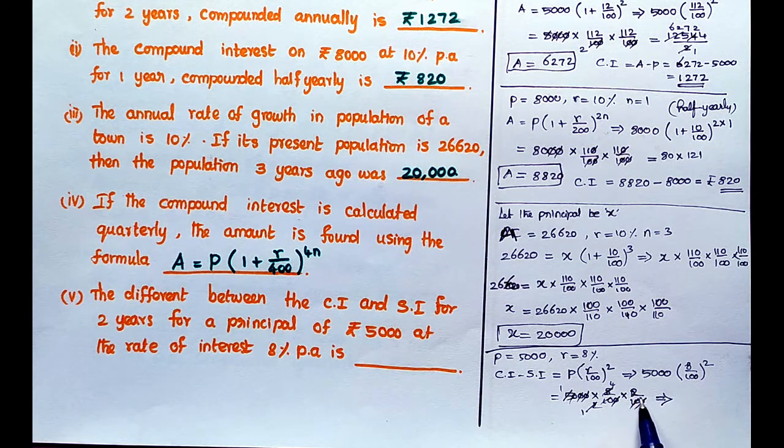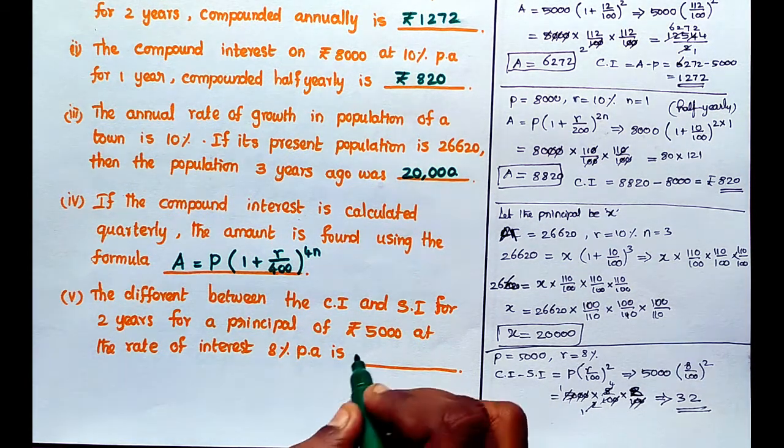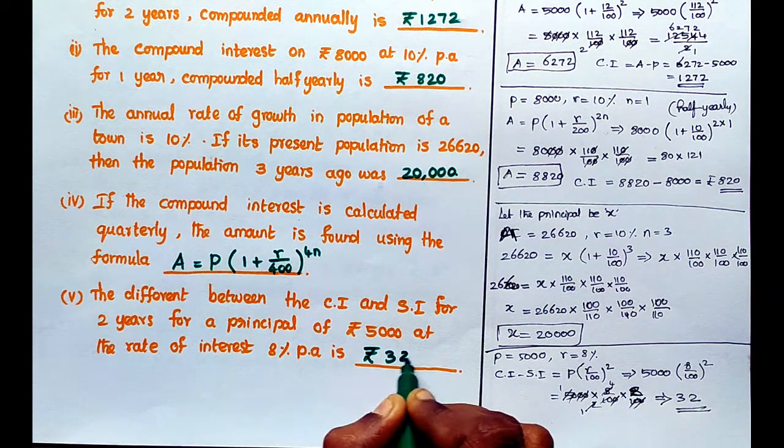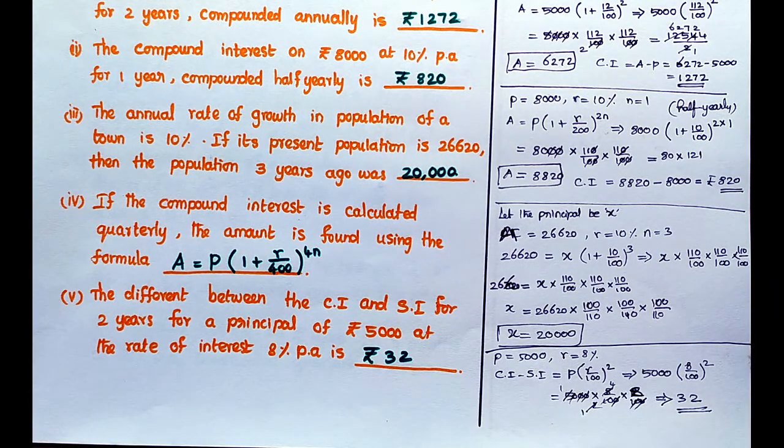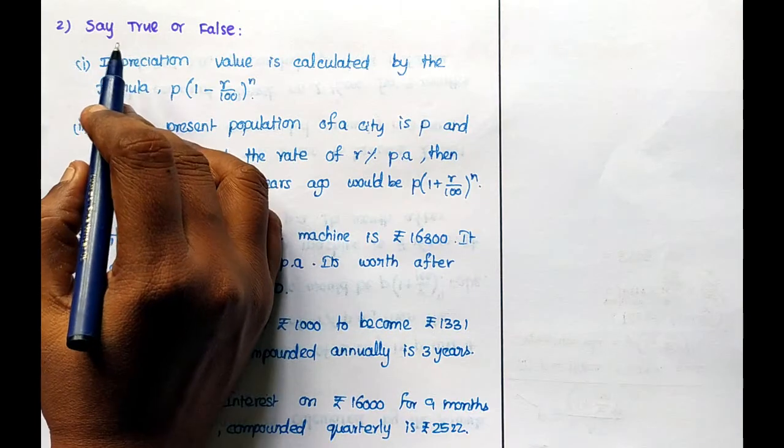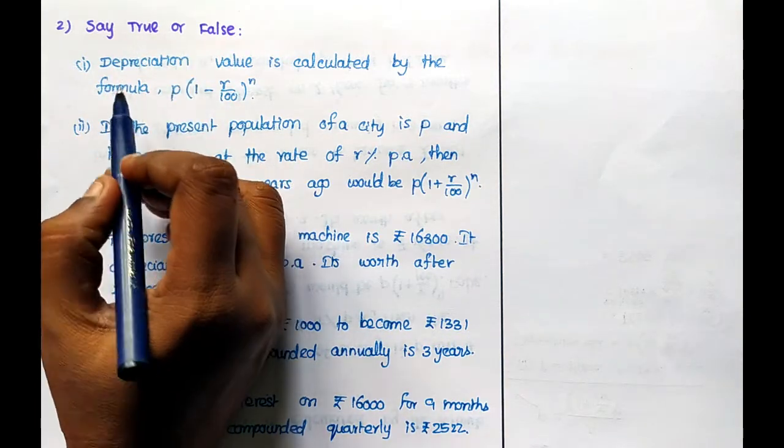So remaining number 4 into 8, that is 32. Now the difference is rupees 32. That is the answer.